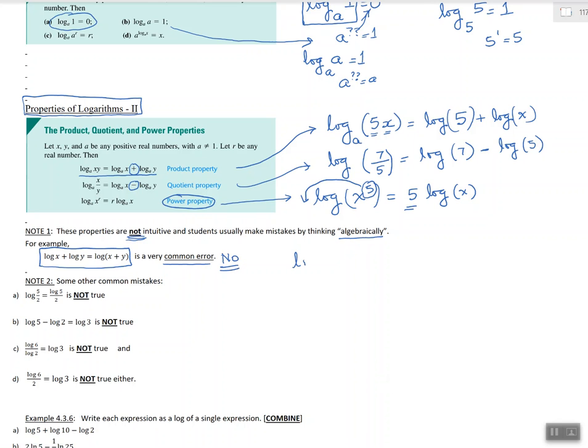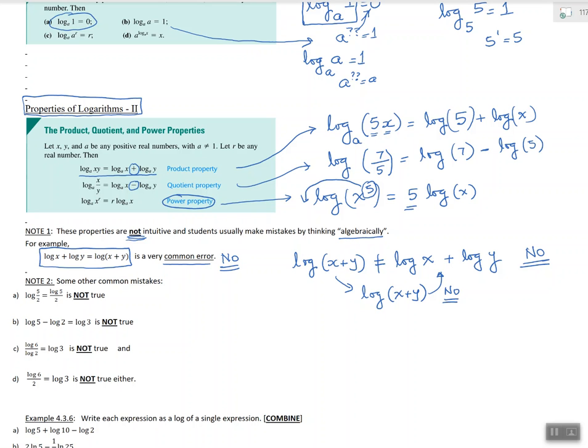Similarly, if you see log of x plus y, a lot of times people say this is log of x plus log of y, as if log is some kind of multiplier which you can distribute. That's not correct. So please don't make this mistake. What is log of x plus y? There's nothing you can do about it. Log of x plus y is log of x plus y. You cannot break it in this manner.